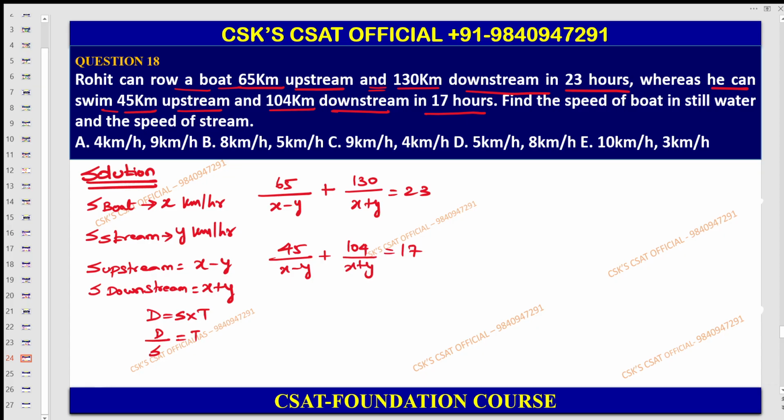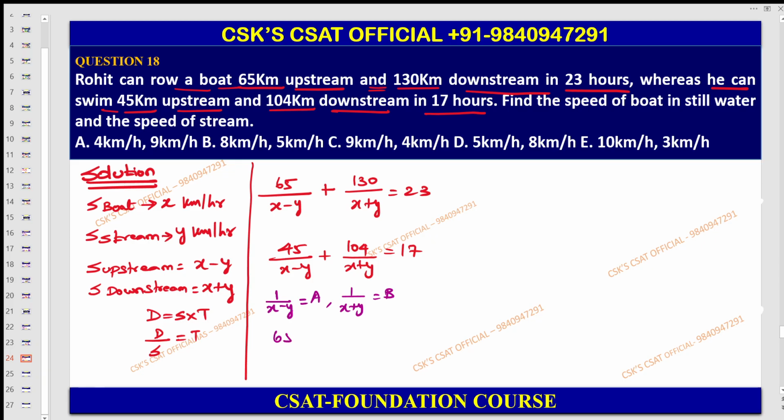See, in order to solve this question, a lot of ways are there. You can use the elimination method or the substitution method. Let me tell you a simple way. In your school days you solved simultaneous equations. Take 1 by x minus y as a and 1 by x plus y as b.